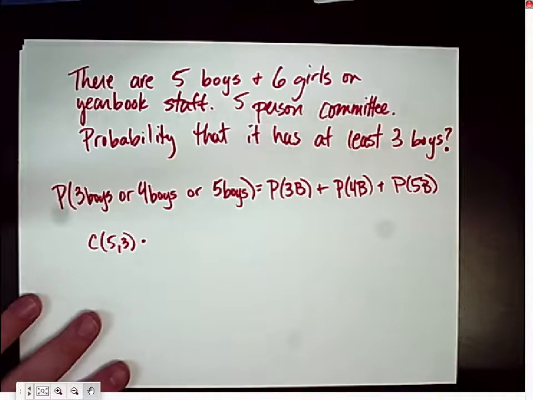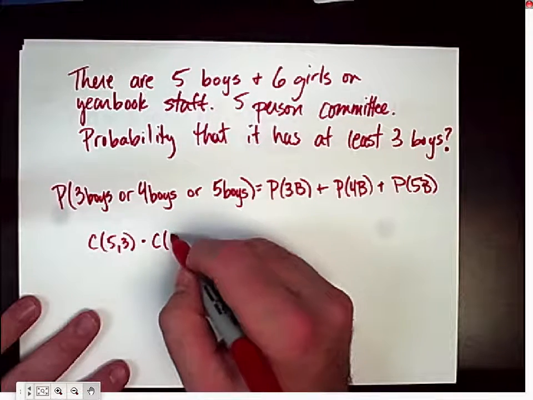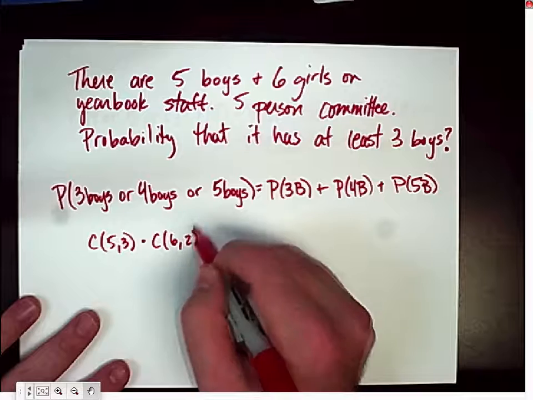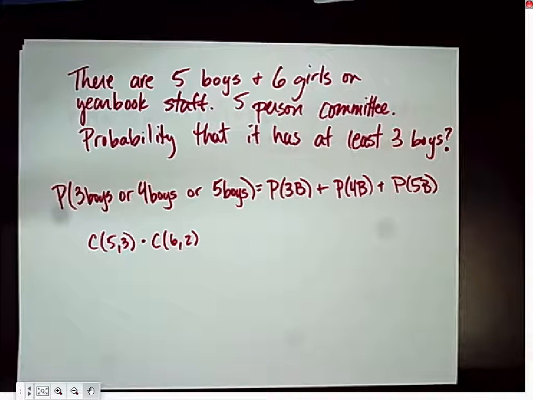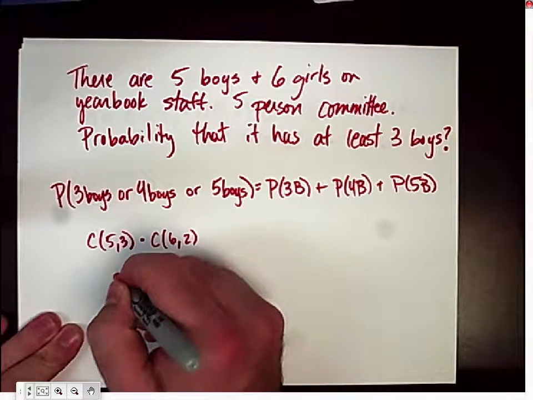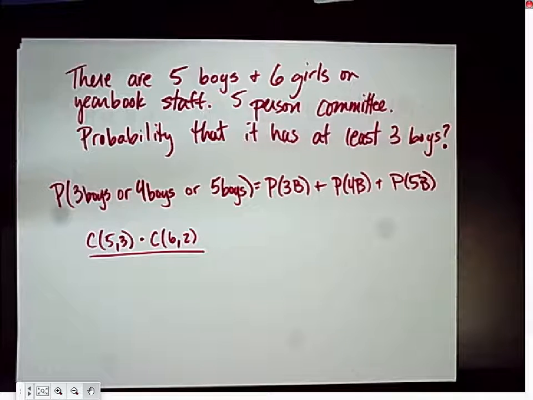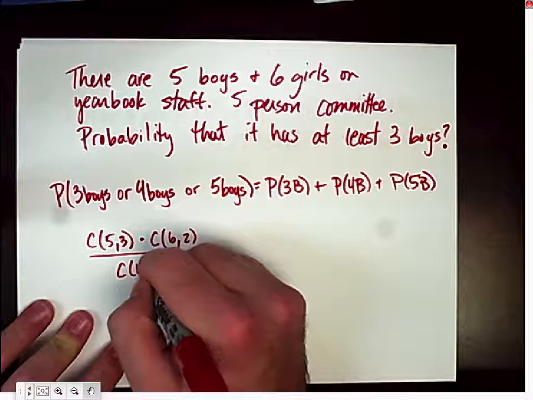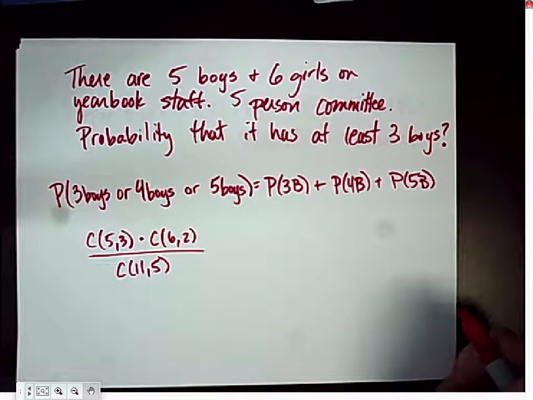Times, you got to pick 2 girls. So that's the combination of 6 choose 2. Now, why did I multiply them? Because And. We want 3 boys and 2 girls. So you do the combination of 3 boys times the combination of 2 girls, divided by how many committees are there? That's the combination of 11 choose 5. Right?